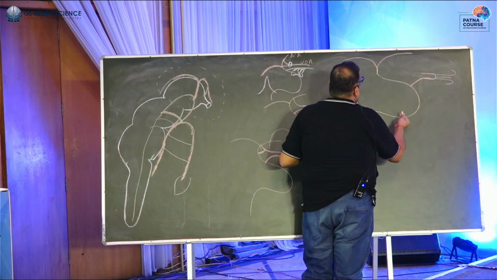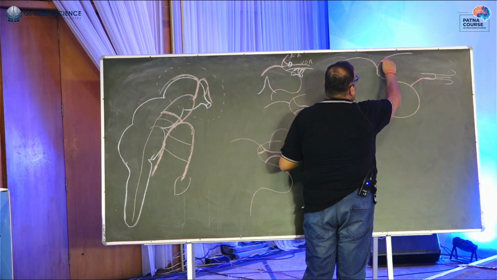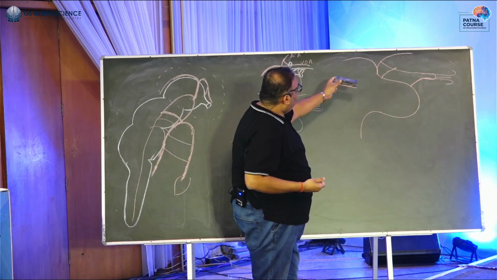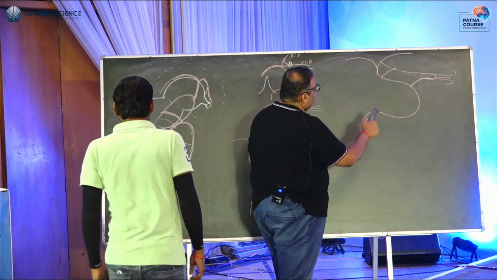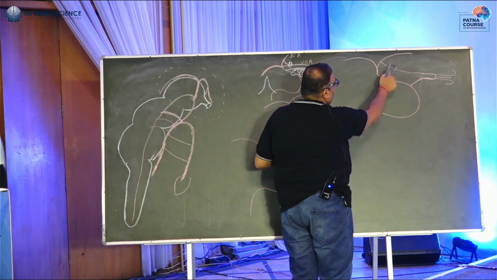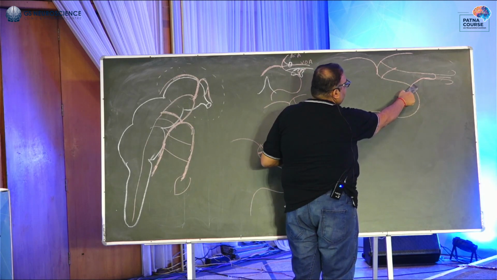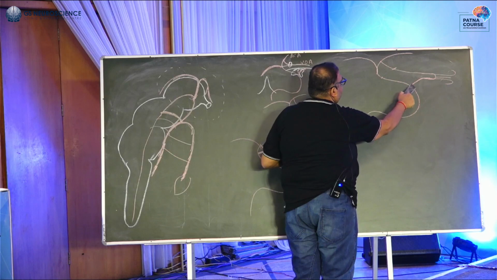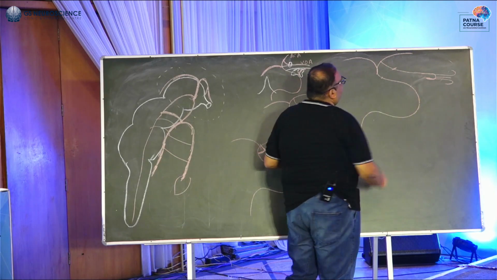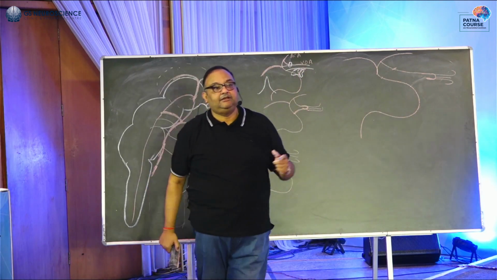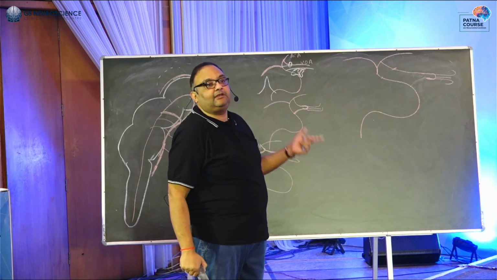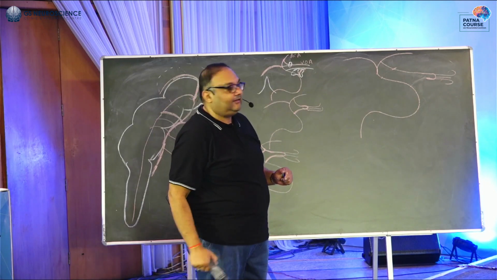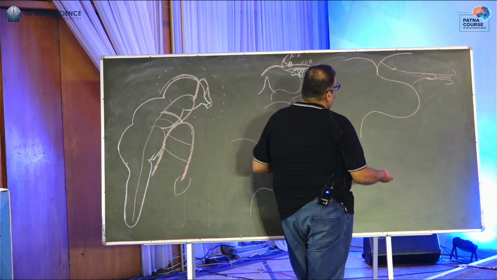You can have a situation in which both the connections to the ICA, the intracavernous or the infraclinoid and the supraclinoid, both disappear. You will have a situation in which the ophthalmic artery is coming from the anterior cerebral artery, the so-called ventral ophthalmic artery.